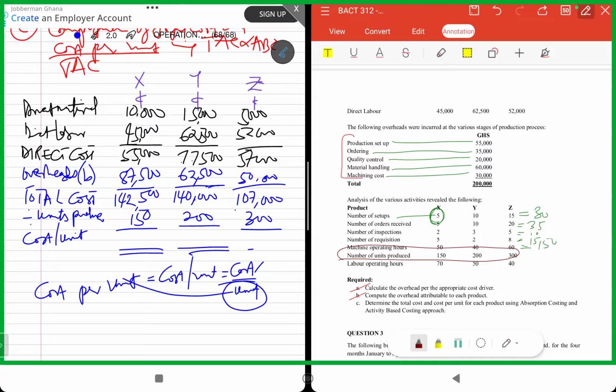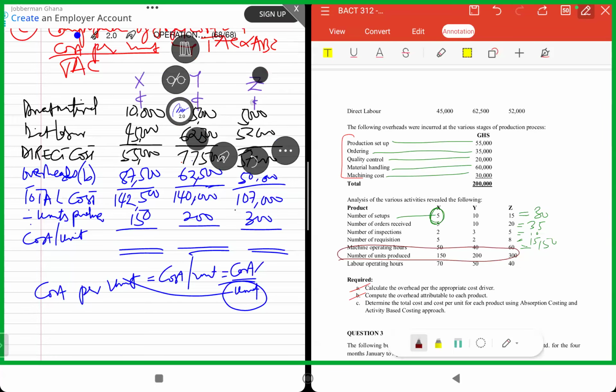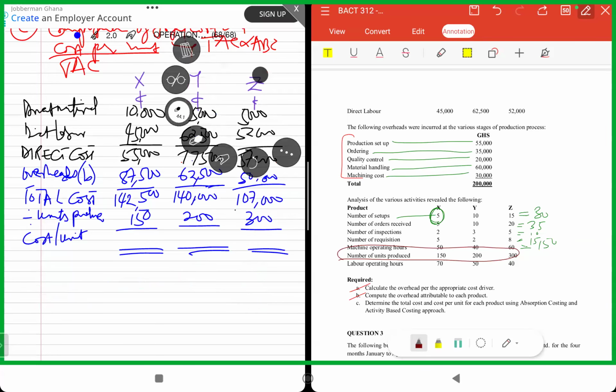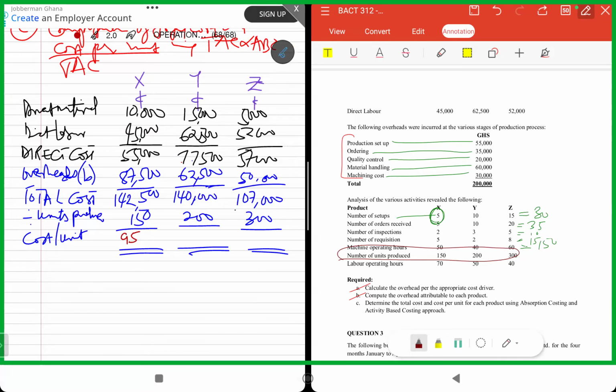Pearl, start. The first one is 950. How did you get 950? 142,500 over 150. Okay. Pearl, the next one. 700. 356.66.